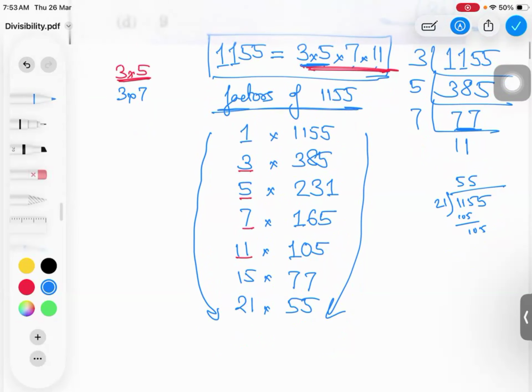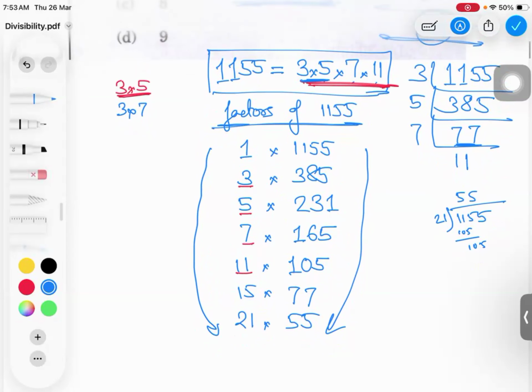Now, any other factor which you can tell? Any other factor? We did 3 times 5. We did 3 times 7. Any other thing? Shall we do 3 times 11 as well? Think about it. 3 times 11 will also do because they are prime factors. 33.